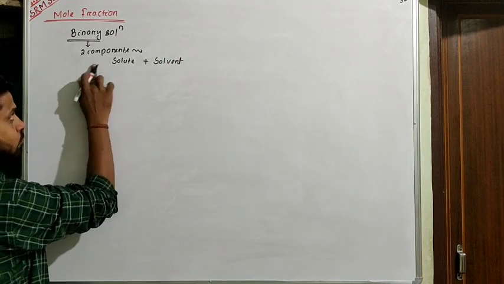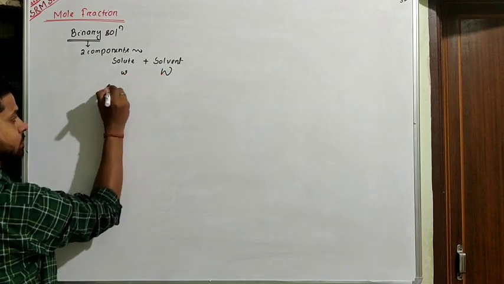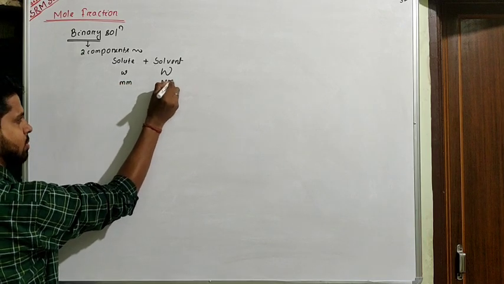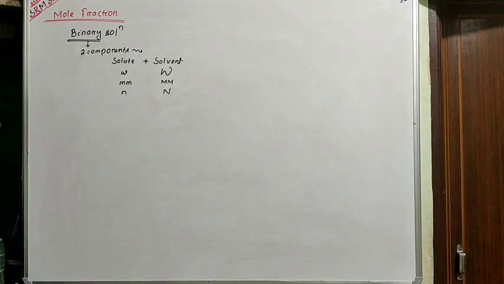We have already denoted mass as small w and capital W, molar mass as small m and capital M, and number of moles as n.